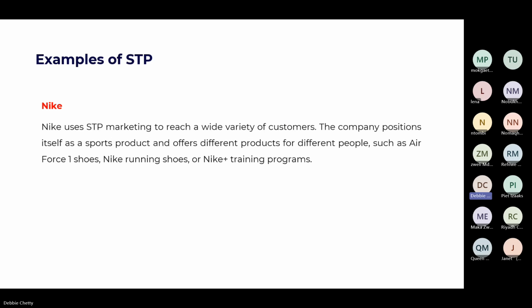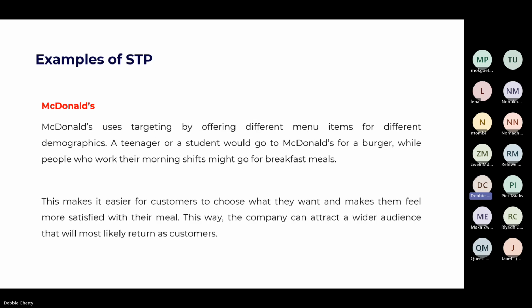What the company does is position itself as a sports product, and it also offers different products for different people, such as Air Force One shoes, Nike running shoes, or Nike training programs as well. So there are different products or services that they offer for different target audiences.